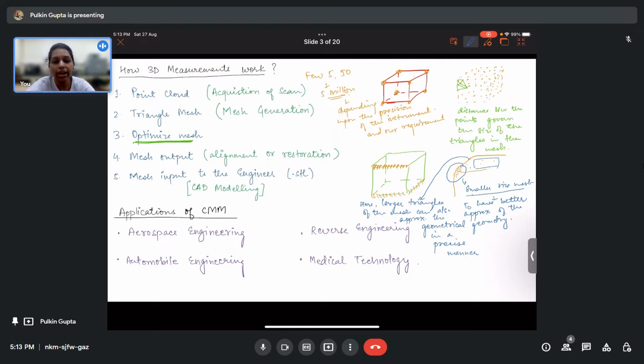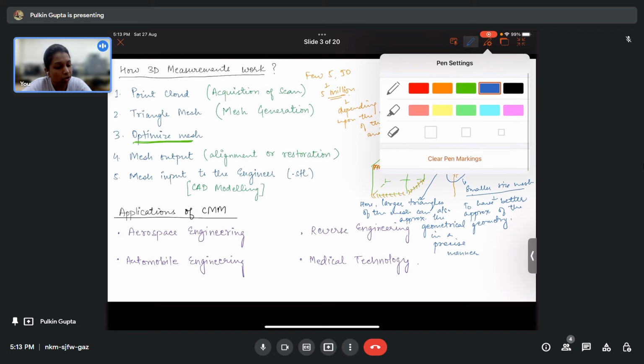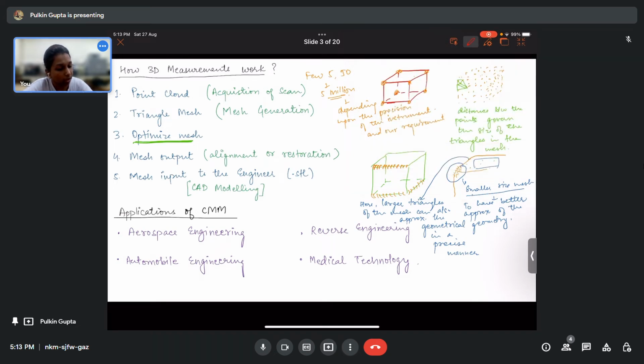Hence, we would like to have larger triangles in the middle and somewhat smaller triangles towards the corners or the edges. Why? So as to save our computational time and the computational resources that are being used.